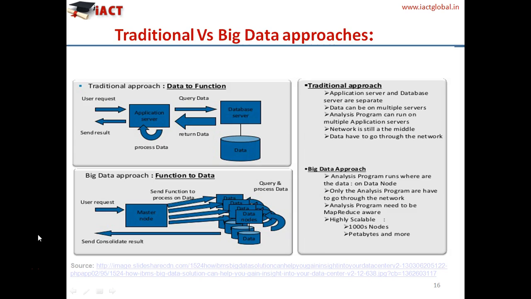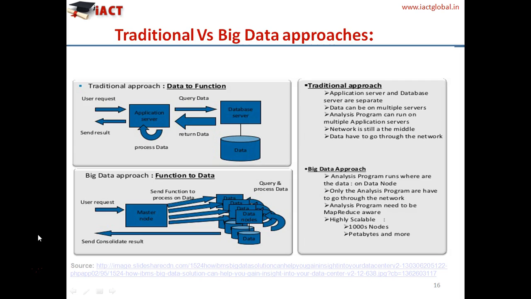It's highly scalable, and a big data structure should have a huge number of nodes to keep the data, but the master node should have a strong, high configuration, because it is the master and it needs to manage all the processing functions, sending the processing, and taking care of everything residing on the data nodes.